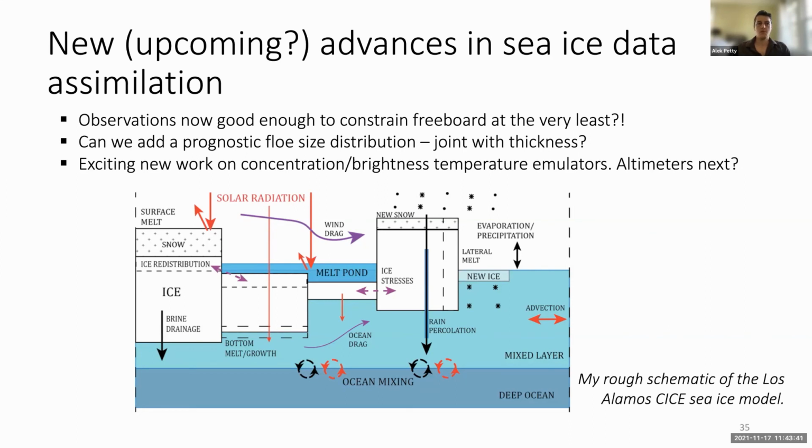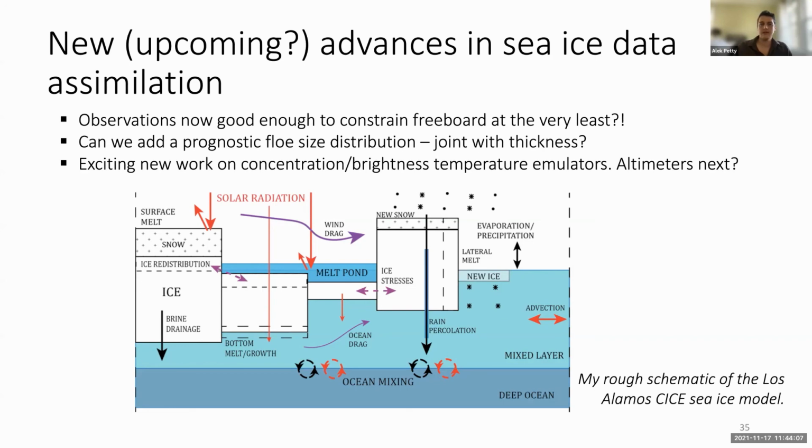I think there are more sophisticated means of assimilating some of those observations into models to create sea ice or even global reanalyses. That's going to be some of the exciting work over the next few years. We're going to need some tweaks to some of the models, perhaps, to enable that assimilation of information, new prognostic floe size distributions, new emulations, and I think there's a lot of exciting work on that front.